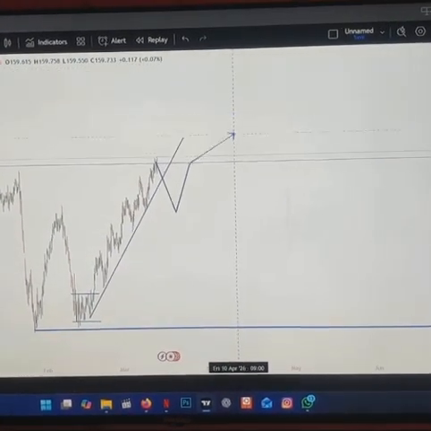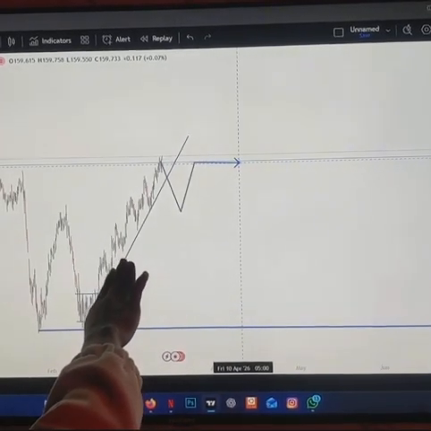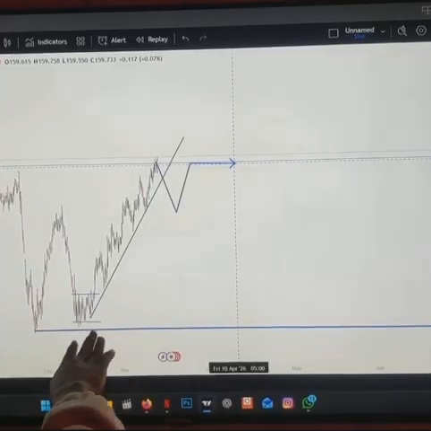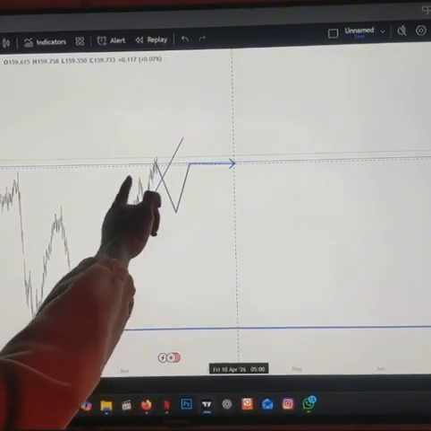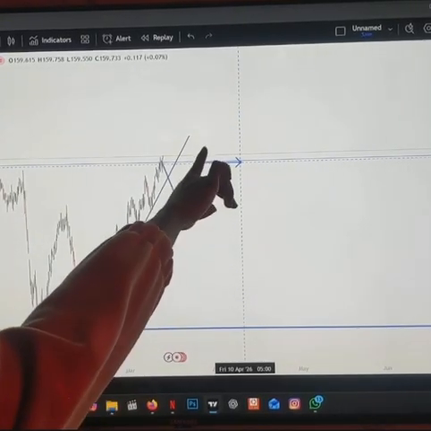Why do I say so? Because if this is actually a double bottom as I anticipated it to be, then we should have a retracement back to its neckline, then keep buying.